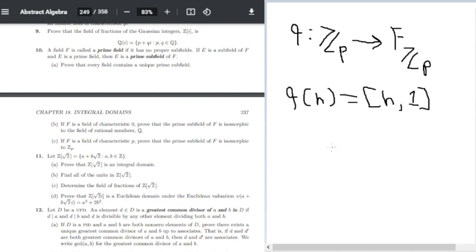Now to prove that it's surjective, so suppose we have a/b.